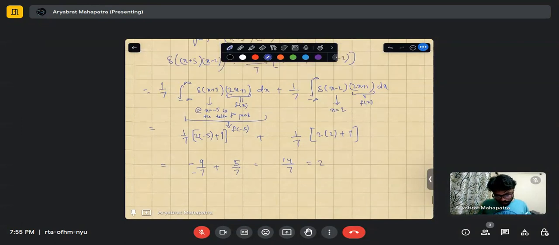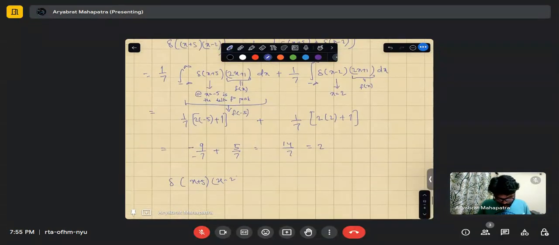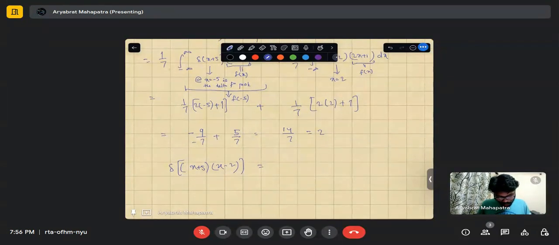The thing is, when you write this property earlier, as I was writing, delta of x plus 5 and x minus 2, you write it in this way: 1 over g prime x1 delta x minus x1, plus 1 over g prime x2 delta x minus x2.